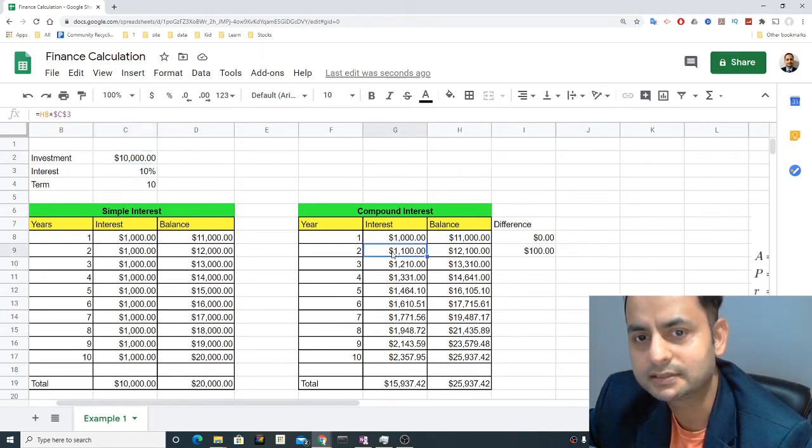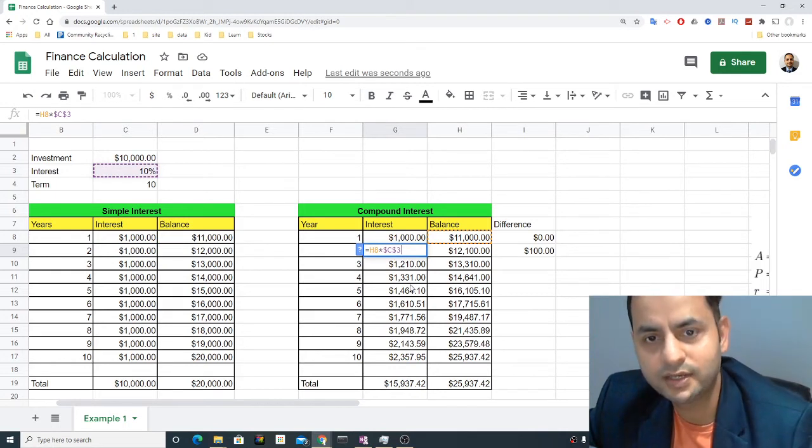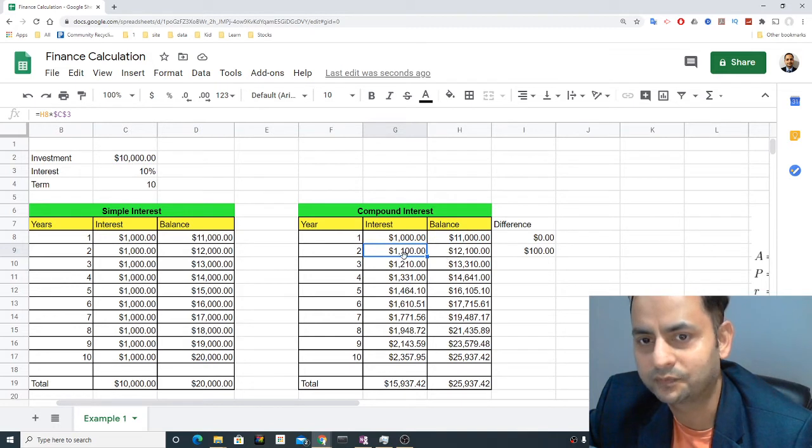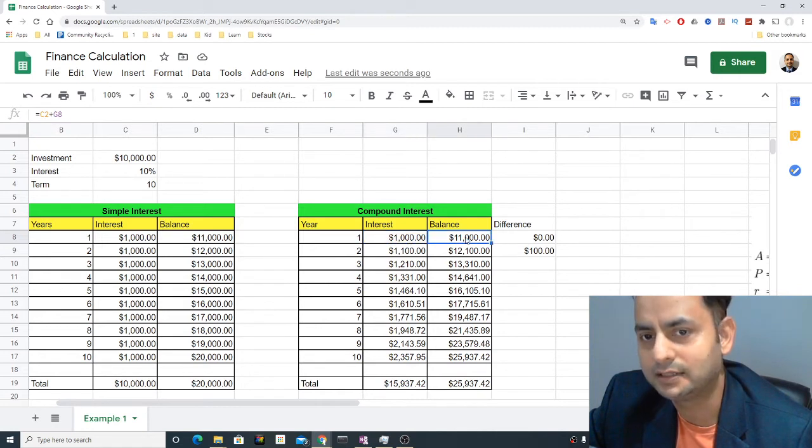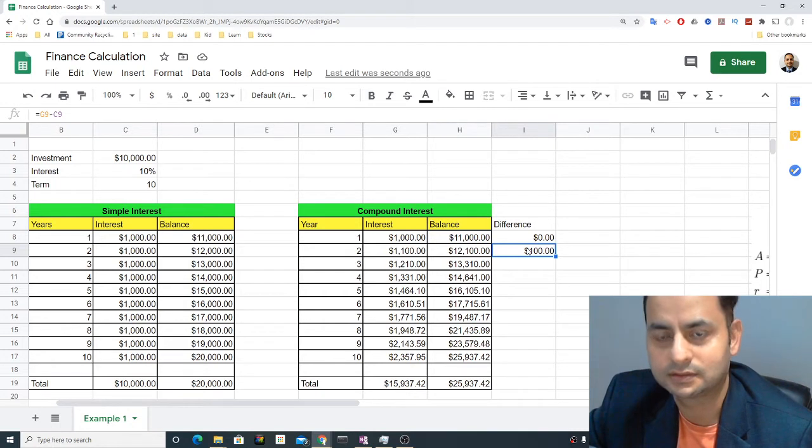So forget about this complex math. Where does this 100 come from? This 100 basically comes from the 1,000 interest which we got in the past year. So rather, think of it this way: in the first year we get an 11,000 balance, so we invest that $1,000 as well, and that $1,000 brings interest of $100, right?